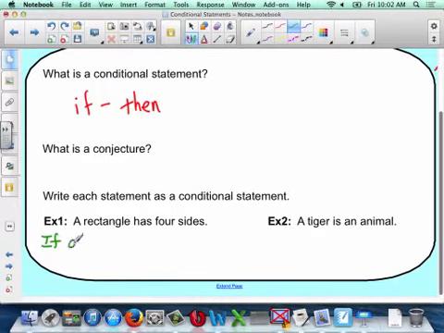Let's go with a shape. If a shape, go ahead and finish that up. Be careful here. Think about the order. What are we given first? Rectangle. So if a shape is a rectangle, then it has 4 sides.